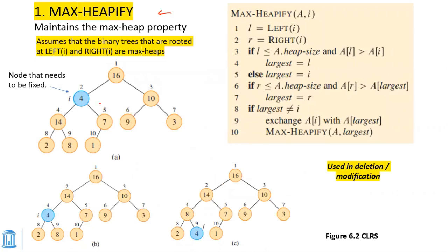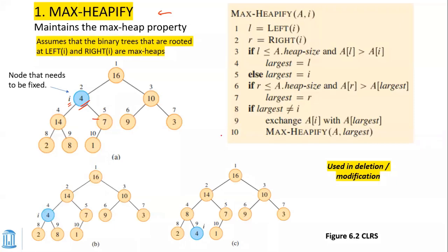We've already seen how this works, but this is the actual procedure. This is the pseudocode. We're essentially saying that we identify the left and the right indices using the left and right operations performed on a node with the index I. And we compare, and essentially the code is comparing its two children. If the node itself is already large, then you don't have to do anything, but if either one of its children is larger, I'm going to swap this particular key over here with its larger child.